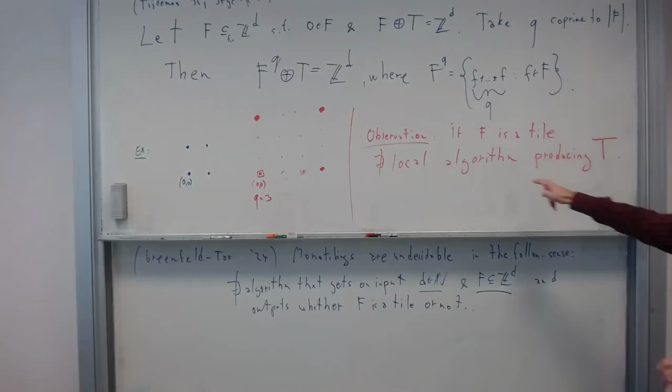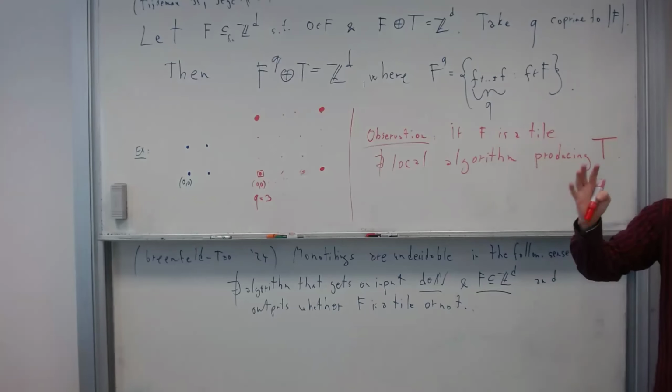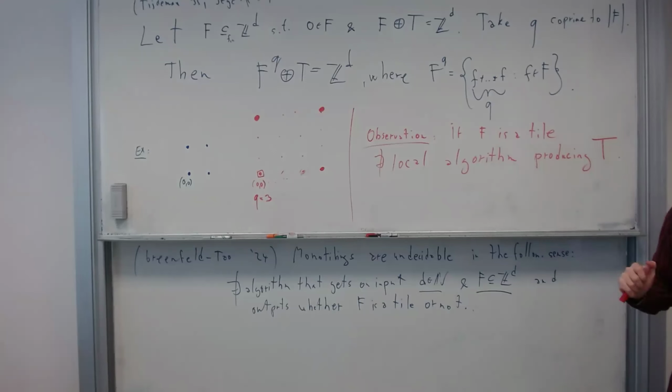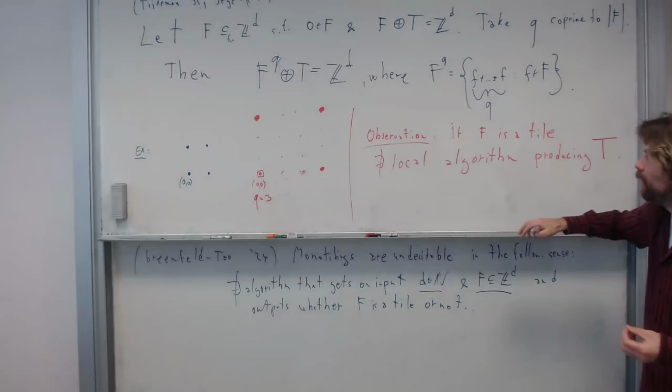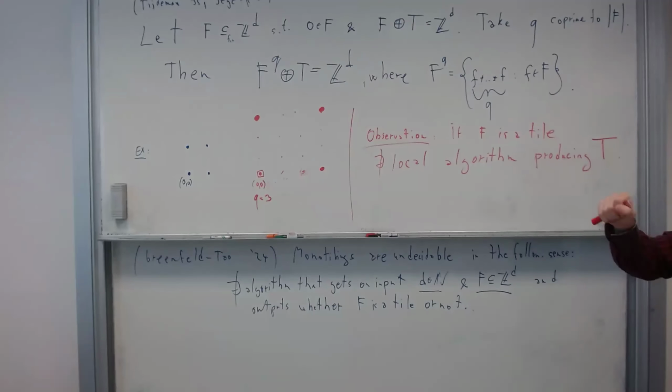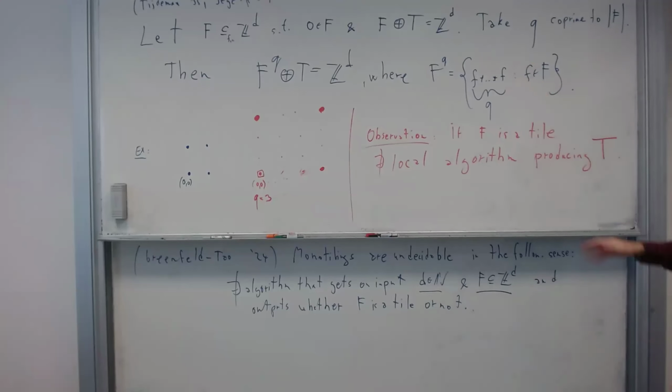By local algorithm producing T, I mean that you run some procedure in the lattice, and at each point this algorithm just looks into some finite neighborhood, and decides whether this point will be in T or not. And now I'm saying that these dilates imply that the elements in T need to communicate with each other even over very large distances. So there is some no correlation decay or something, some fancy word like that.